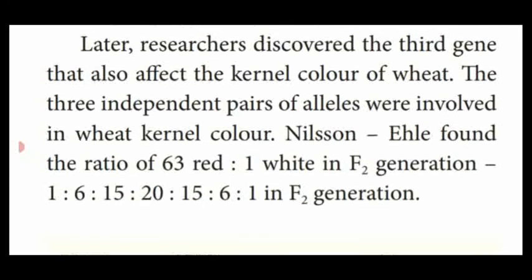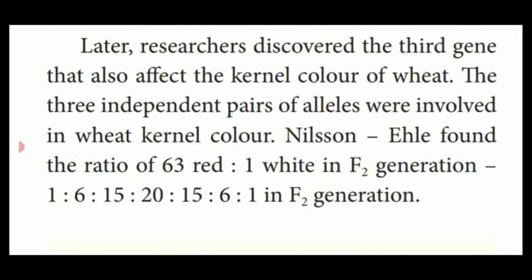So they are not linked together or crossed together but they express the character independently. Later researchers also discovered that a third gene also affects the kernel color of wheat. What is the third gene? The 2 R's. It is said to be the third gene, as independent pairs of alleles were involved in wheat kernel color.